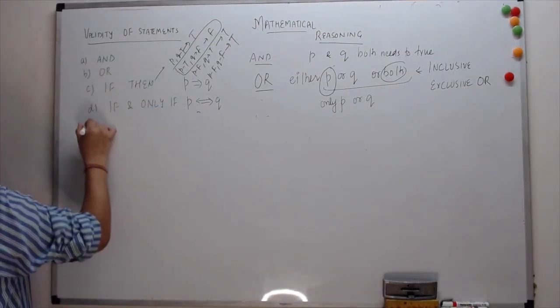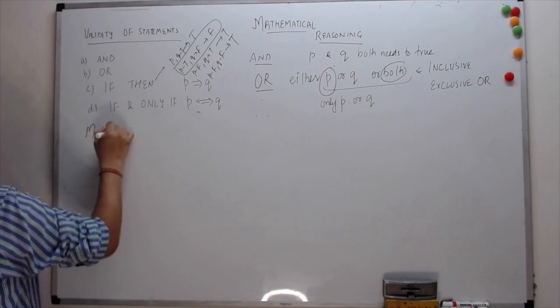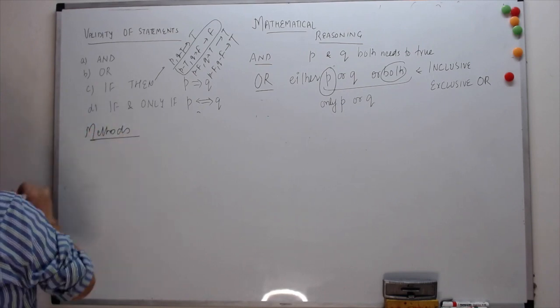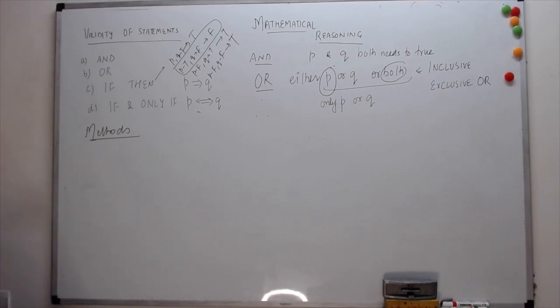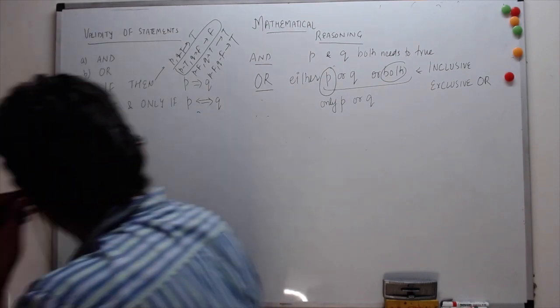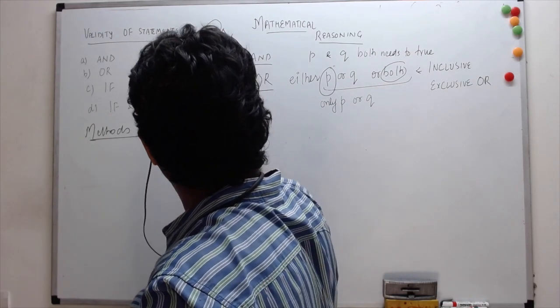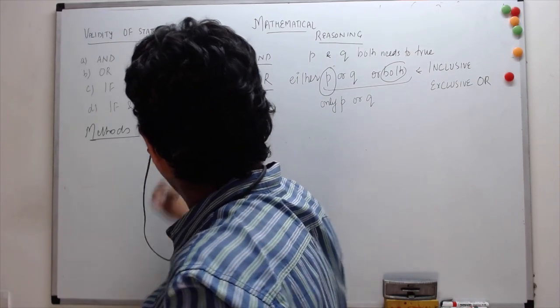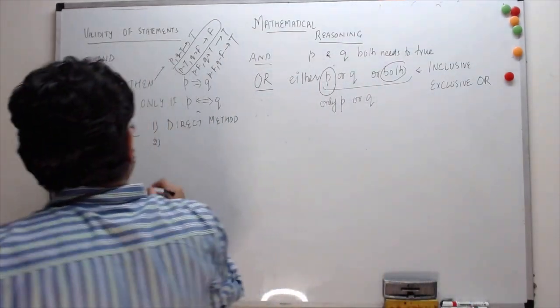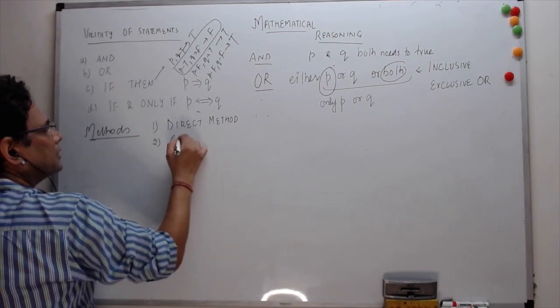So the methods of proving implications are what we are going to cover next. A couple of them are given. I think there are 2 or 3 of them, and let's figure them out. One of them is called the direct method. The other is called the contrapositive method.